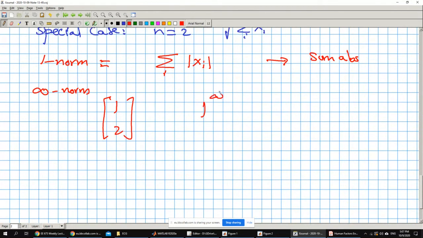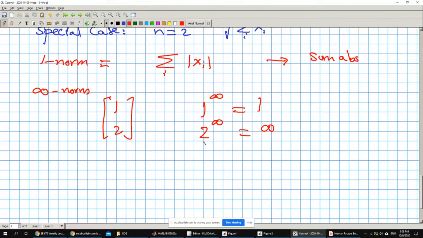If you have 1 to the power infinity, it will be what? 1. If you have 2 to the power infinity, it will be what? Infinity. So basically, the largest element will be dominant.